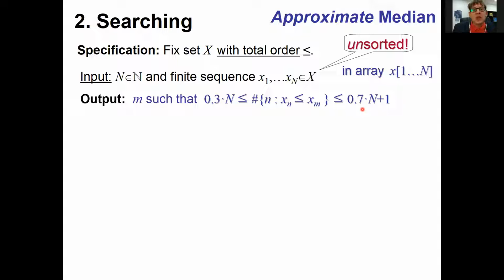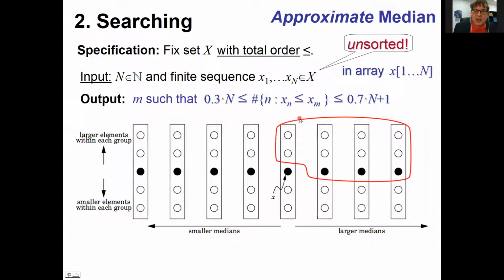So you see the problem specification for this approximate median problem is deliberately designed symmetric, right? So this is between 30 and 70% smaller or equal, and thus by contraposition, between 70 and 30% will be larger. Okay, so that's the specification of the problem we want to solve first algorithmically.